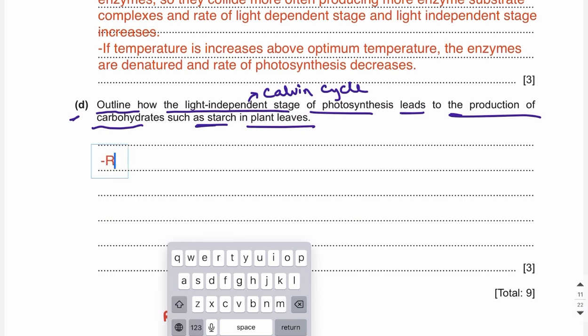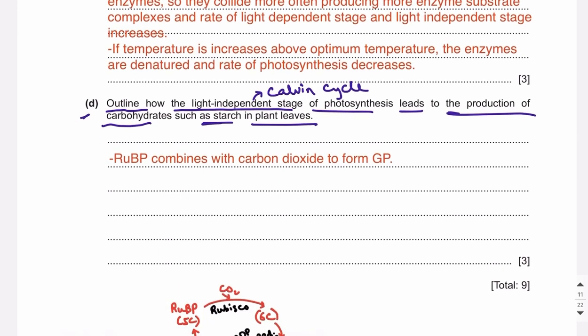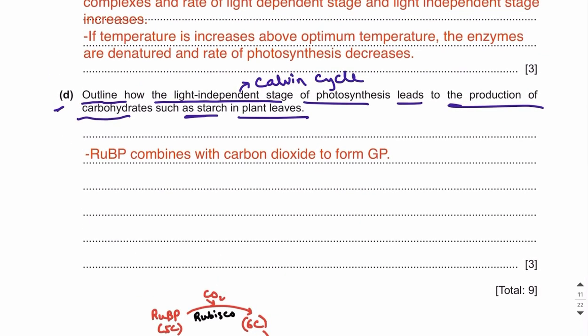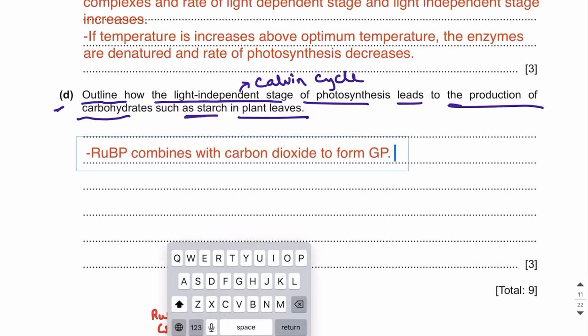We will write that RuBP combines with carbon dioxide, CO2, to form GP, right? Initially a 6-carbon compound is made, but that 6-carbon intermediate splits into 2 molecules of GP. So RuBP combines with carbon dioxide to form GP.